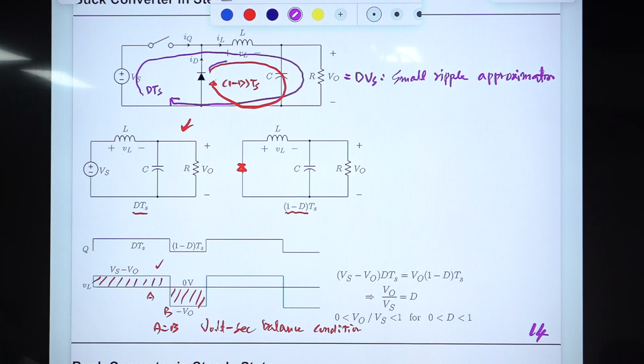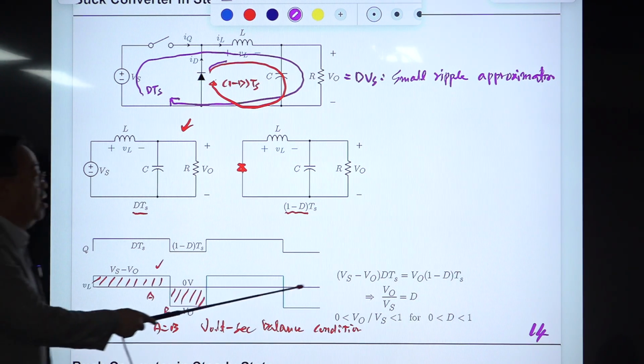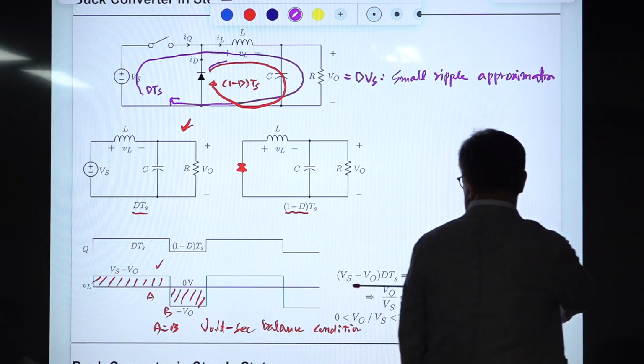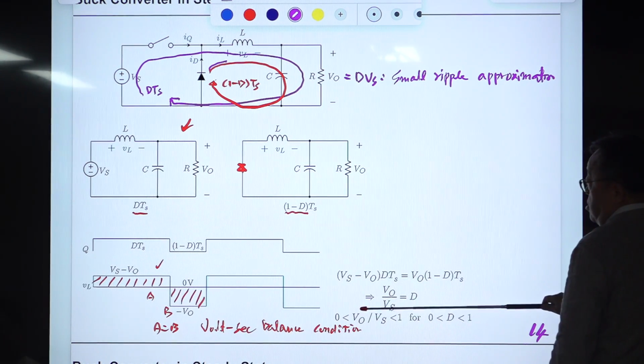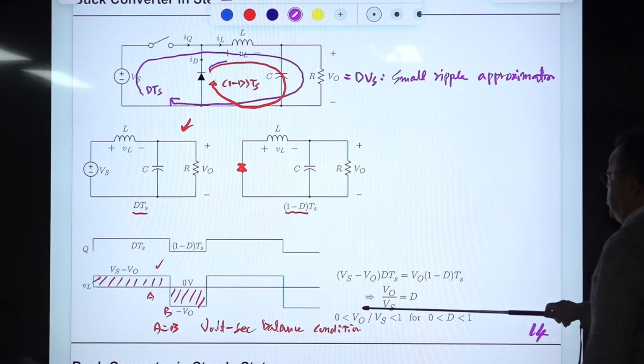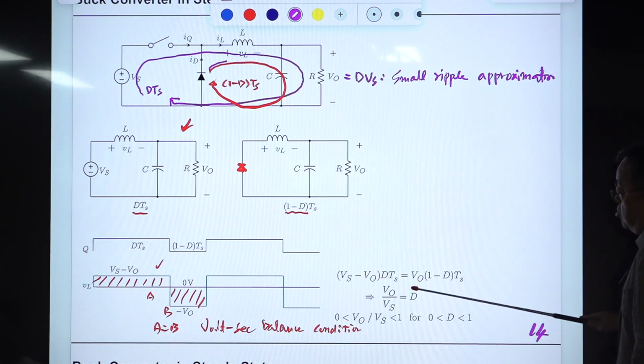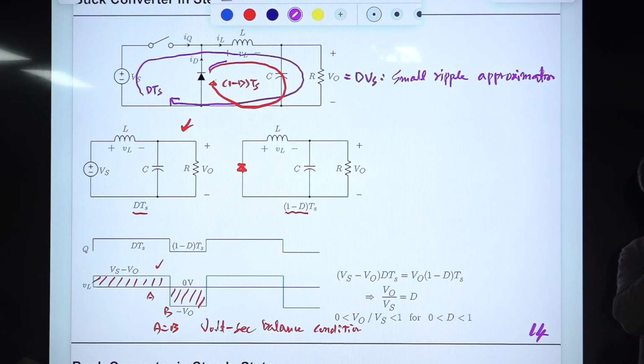So the volt-second balance condition for the inductor voltage means the area of this rectangle is the same as the area of this rectangle. With this, we established one equation, which is converted to provide the voltage gain expression, where D is the duty ratio. We confirmed this in time domain analysis and frequency domain analysis as well.